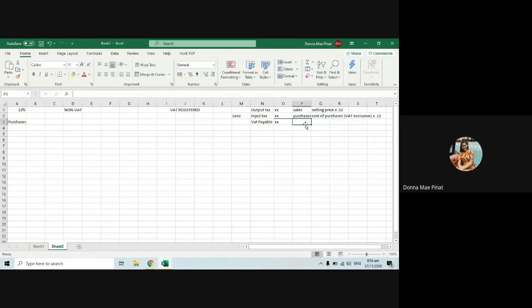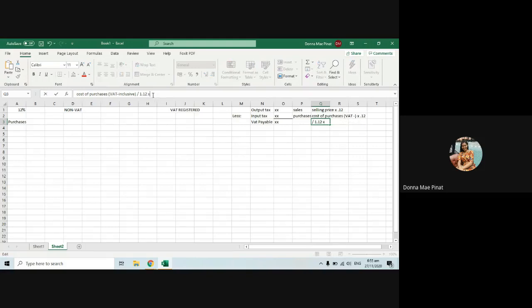But for purchases, let me note it. If the cost of purchases is VAT inclusive, you divide it by 1.12. If you divide it by 1.12, you will get the amount exclusive of VAT.